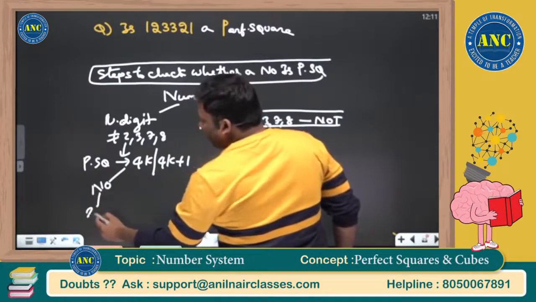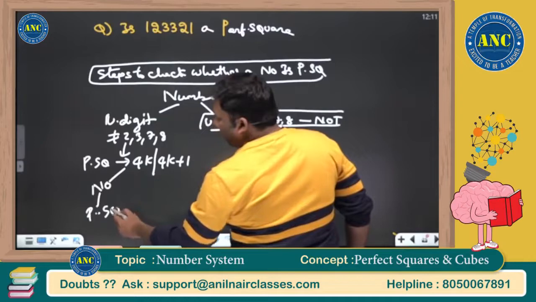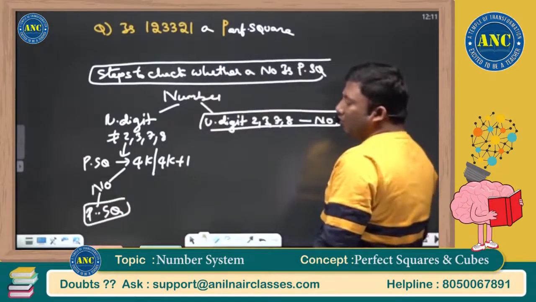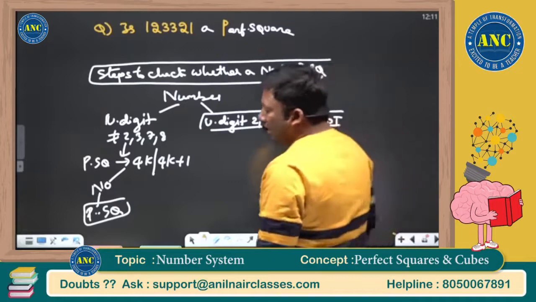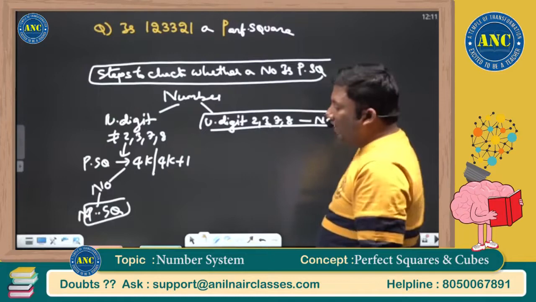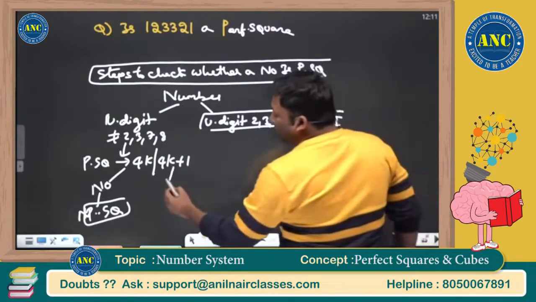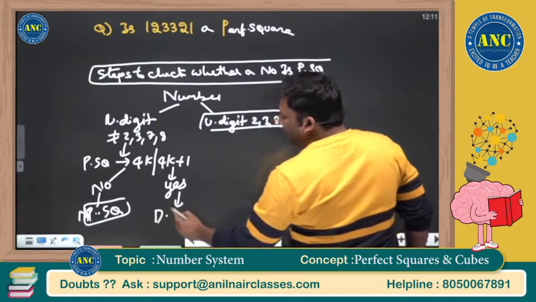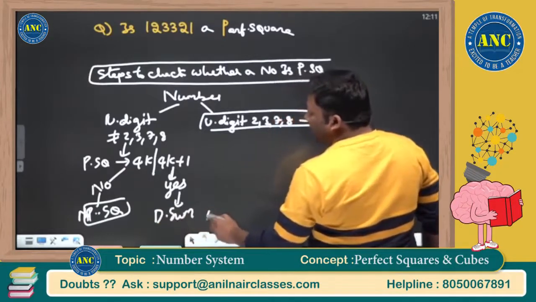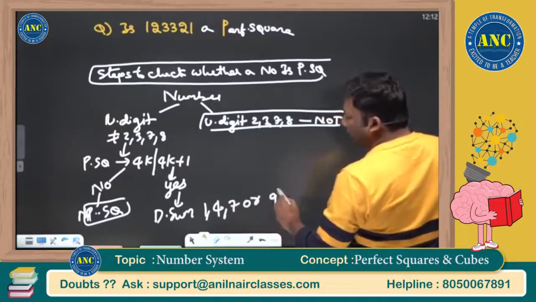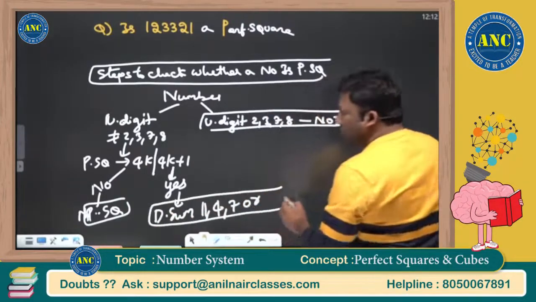If the number is not of the form 4k or 4k plus 1, then it is not a perfect square. If it is of the form 4k or 4k plus 1, then use the logic of digital sum: 1, 4, 7 or 9.